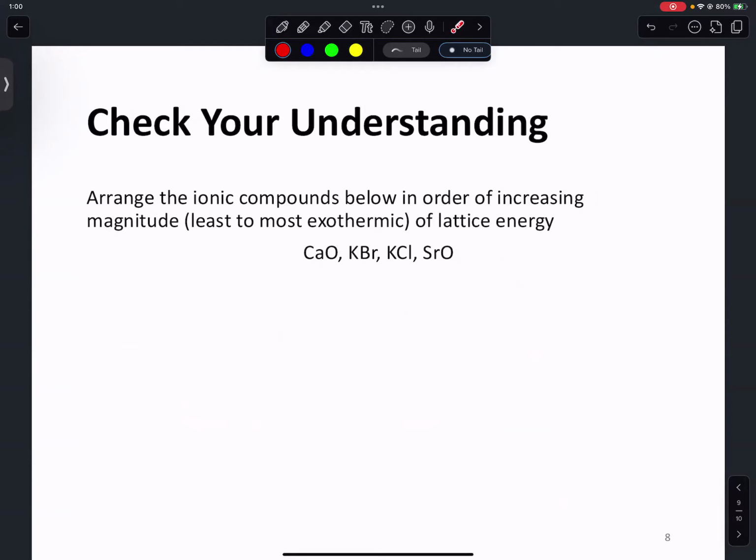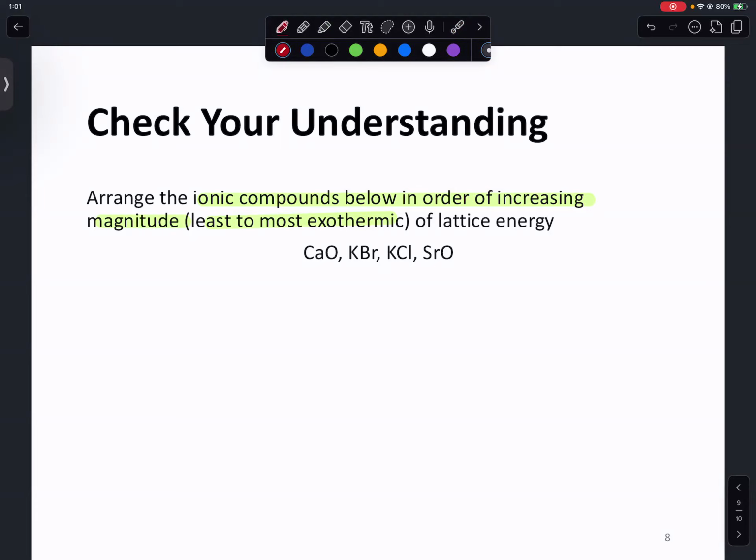Now, let's see if we can apply this idea of lattice energy qualitatively to arrange the following ionic compounds in order of increasing magnitude, so from least to most exothermic using lattice energy.